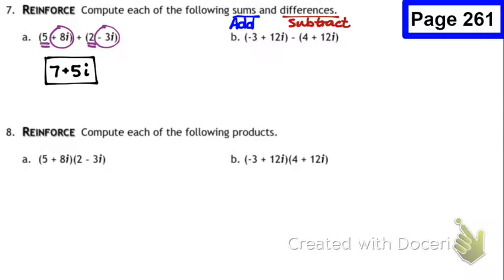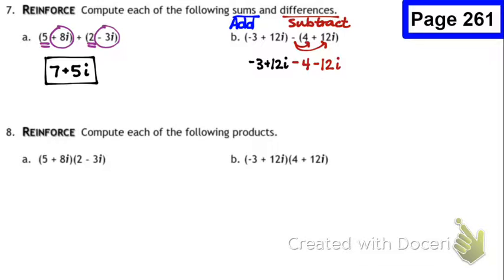Do I need to distribute anything on part B? No. What's in front of that second set of parentheses? The negative. I do need to distribute this. So minus 4 minus 12i. Combine my like terms.